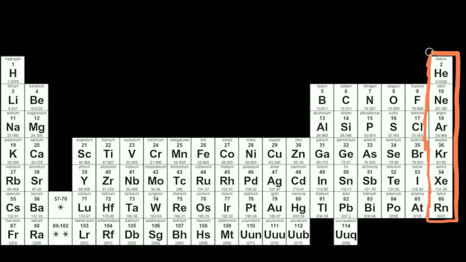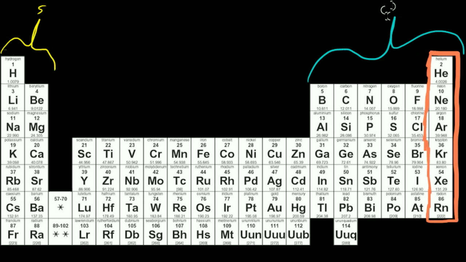Specifically, we're mainly going to talk about what we'll call the S block, which is this, and also some specific groups over here in what we're eventually going to call the P block.